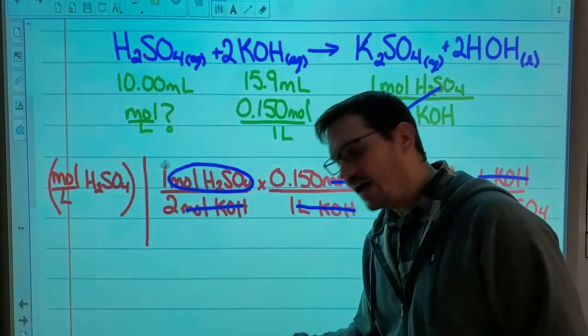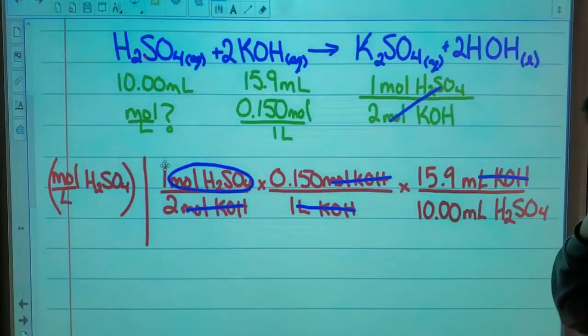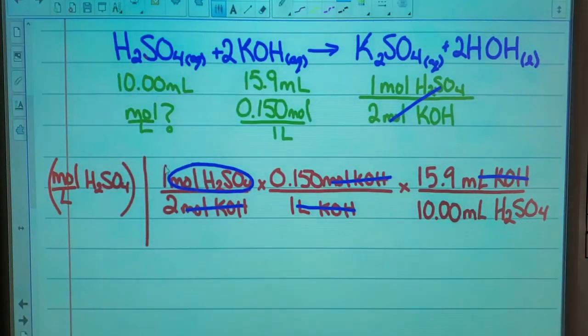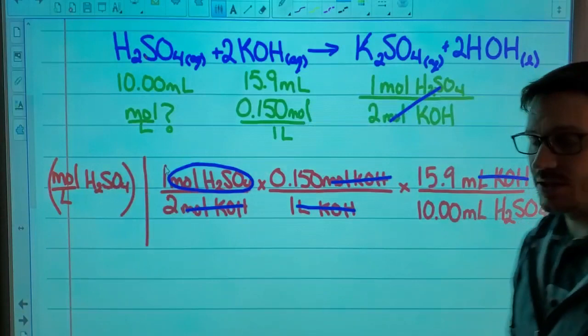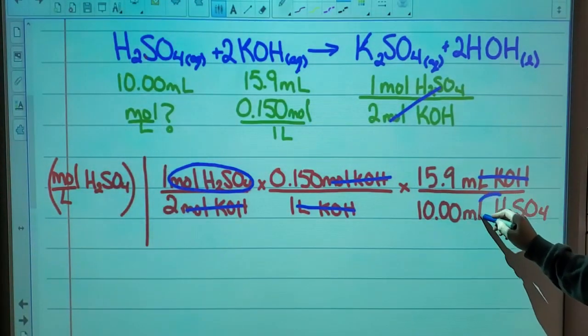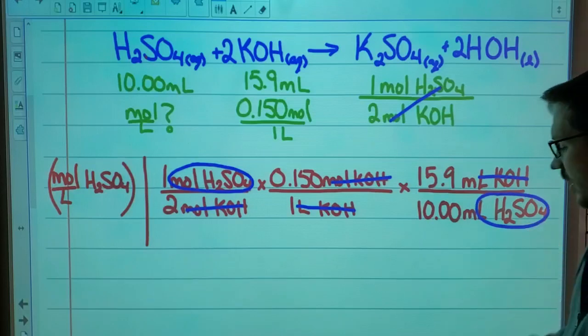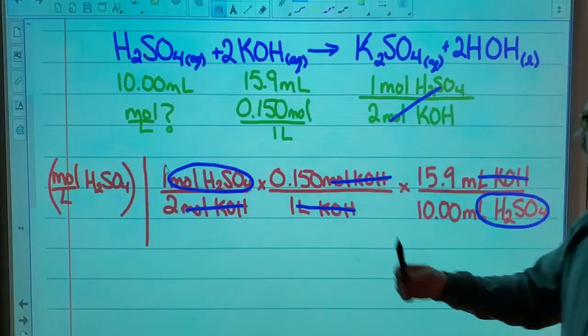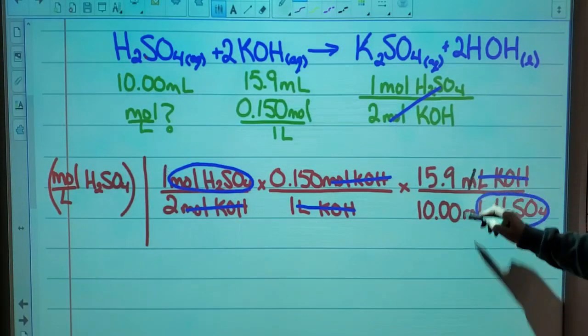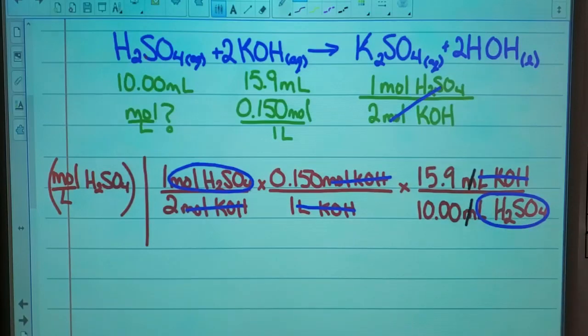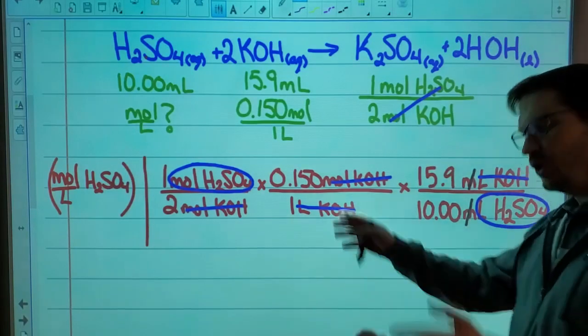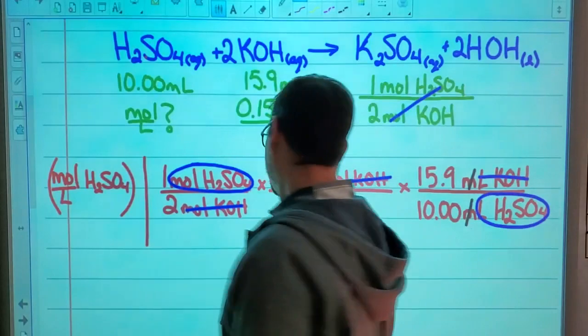And kind of a beautiful thing happens. Do we have liters of H2SO4? Yes, we kind of do. We've got liters of H2SO4. And this wonderful thing happens where milli and milli cancel each other out. Boom, done. Just like that.